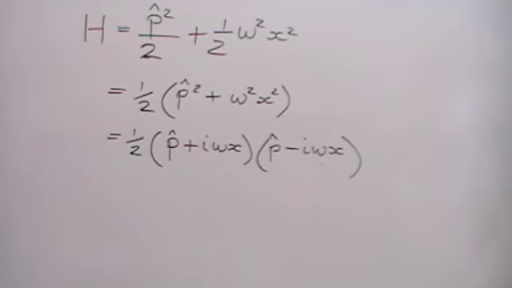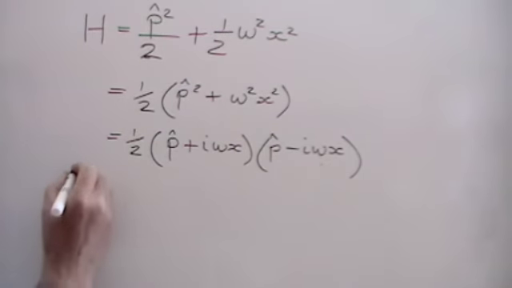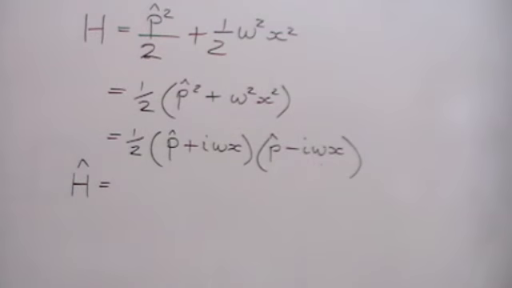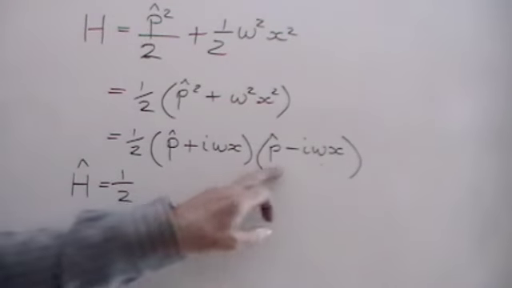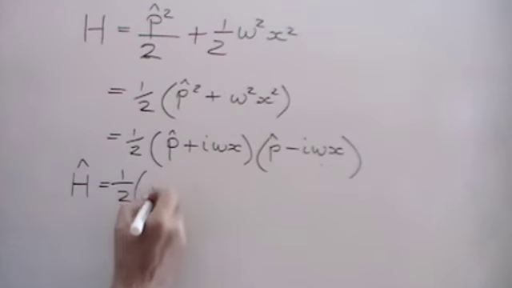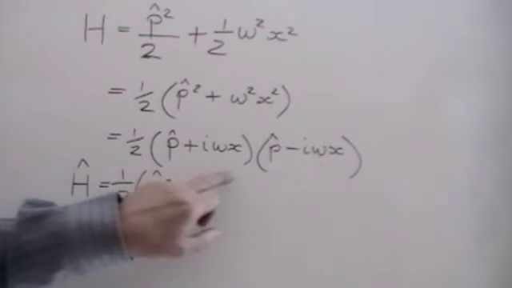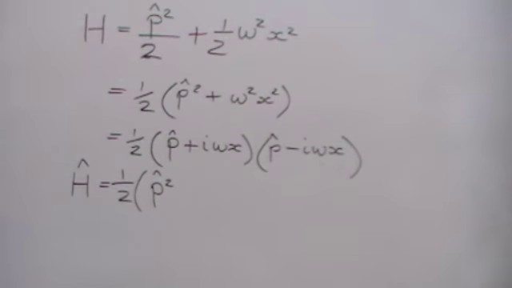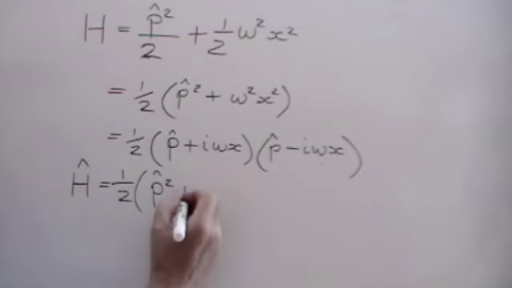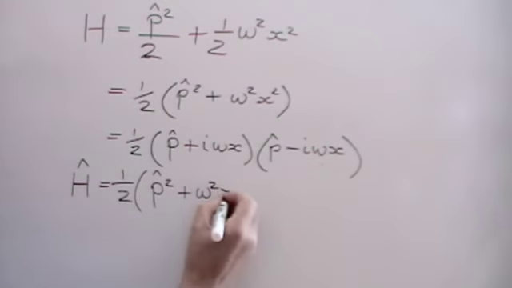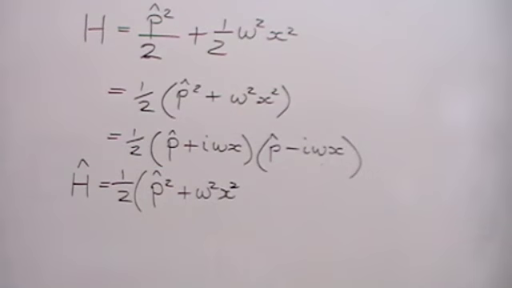But if I now become quantum mechanical, and I start at this point here, and I say, well, now let's just multiply that out. Fine, p times p will give me p squared. And plus i omega x times minus i omega x will give me plus omega squared x squared for the reasons I've just given.